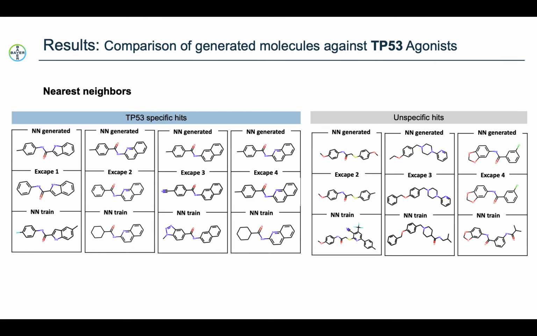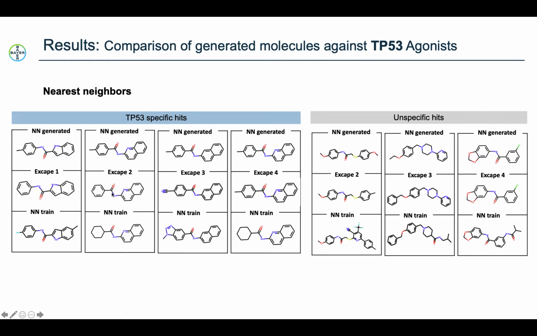We were also interested in knowing how close the agonists and the generated molecules were to molecules in the training set. Here in the second row, I'm plotting the ESCAPE agonists for TP53, and in the third row, I plot the closest molecule in the training set.